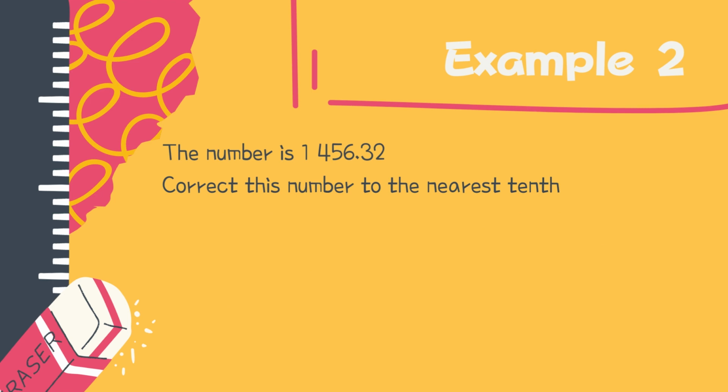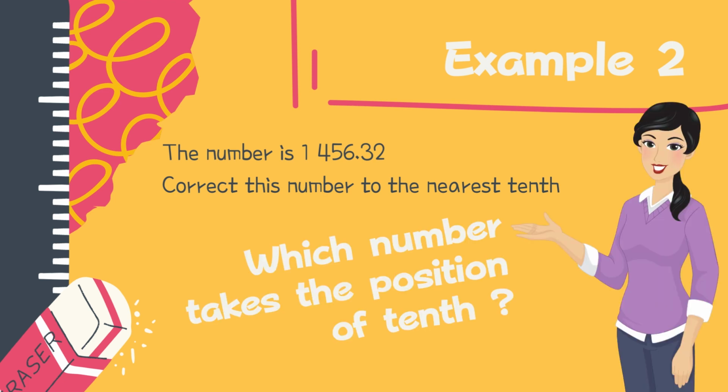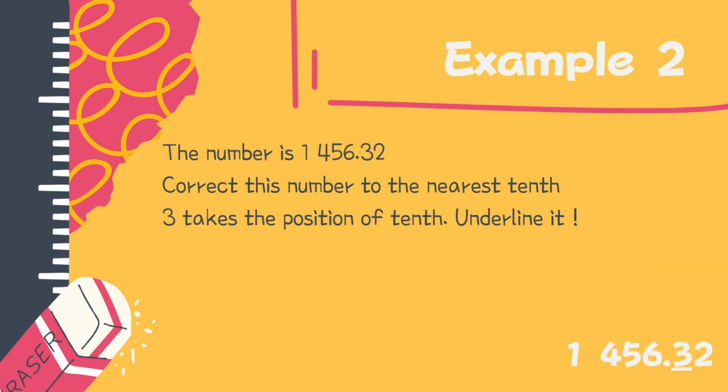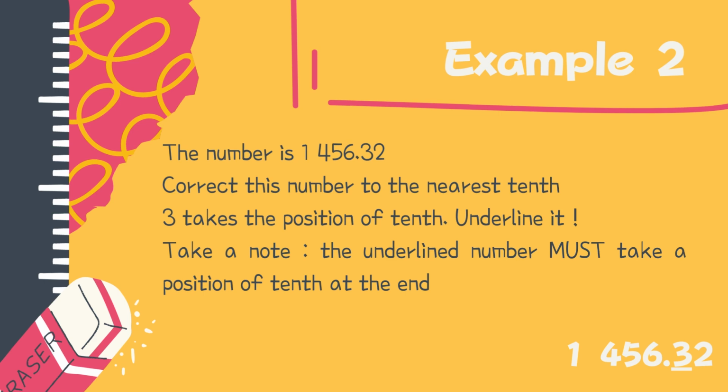Example 2, the number is still the same, 1456.32. Correct this number to the nearest tenth. My question, which number takes the position of tenth? It will be 3. So underline the 3. And then after that, you take a note.